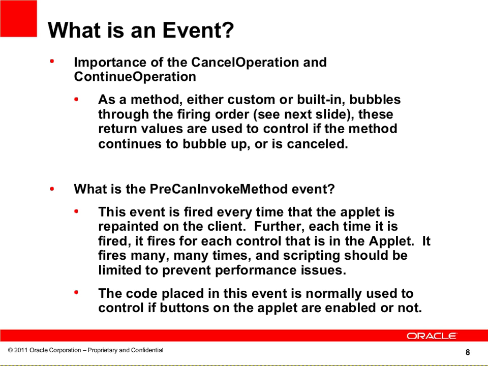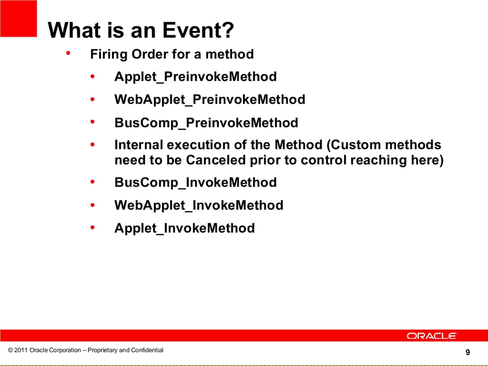Okay, next slide. This is when a method is fired. When you hit a button on the screen or you take an action that triggers a method being fired, the events that fire for that method go through a certain order. So the firing order would be, you push a save button on the UI.